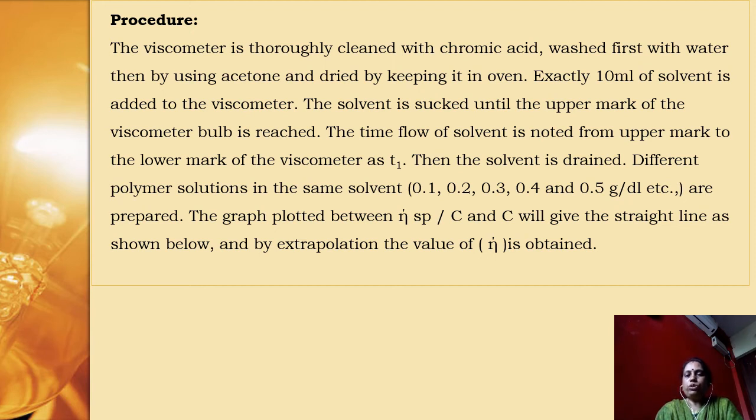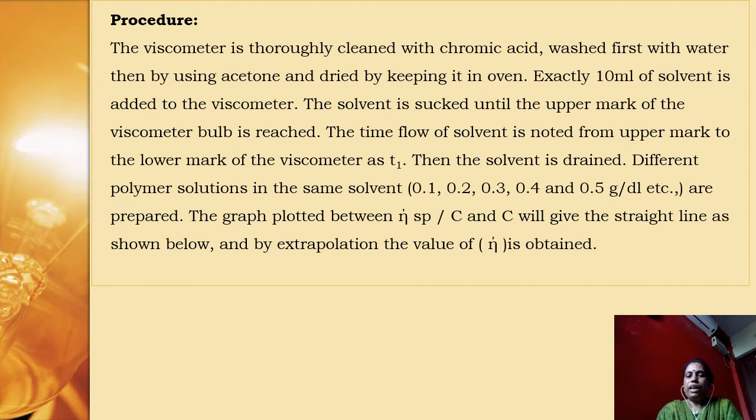The flow time of the solvent from the upper mark to the lower mark is noted as T1. Then the solvent is drained. Different polymer solutions of 0.1, 0.2, 0.3, 0.4, 0.5 grams per deciliter and so on are used, and they are processed in the same manner.